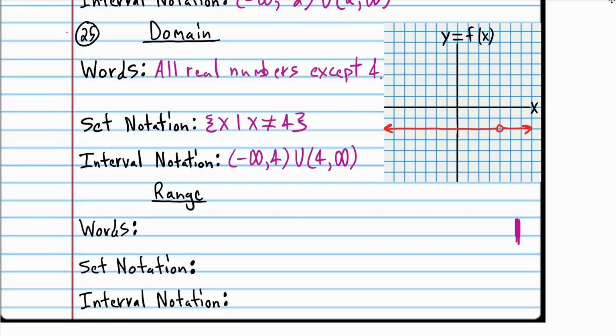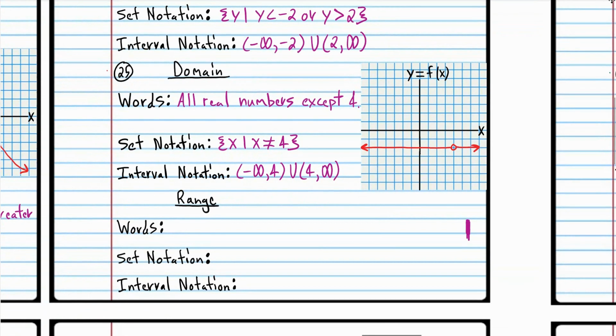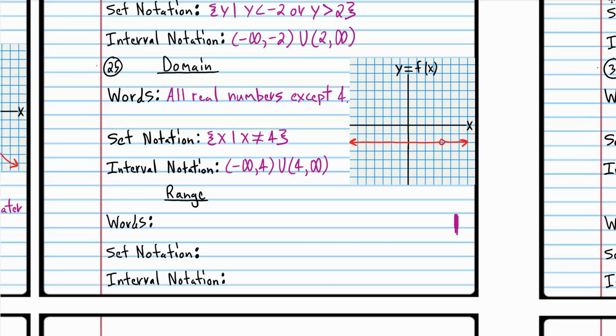So as you can see, it's a lot easier to write in words or in set notation than to write the domain in interval notation in this particular case. Or maybe this is easier, it just depends on the symbols that you prefer to use.